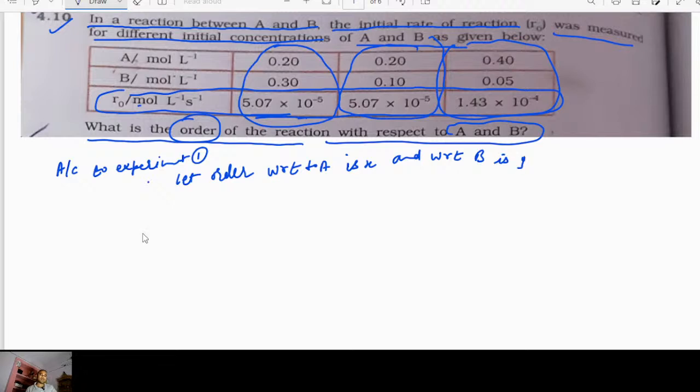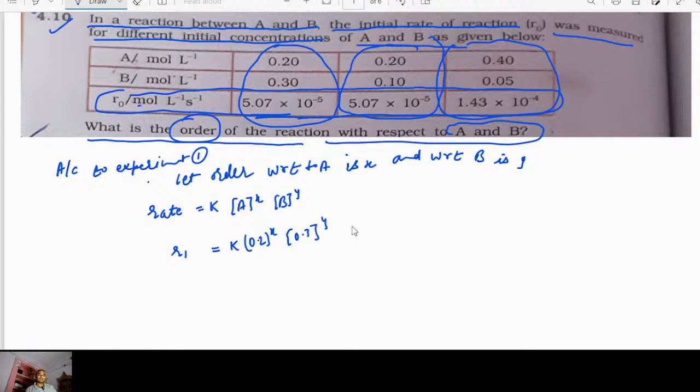So here we are writing, you know, the rate is equal to k, A power x, and B power y. Okay, so R1, if you are writing R1, it is k, and here the concentration of A is 0.2 power x, and here it is also 0.3 power y.